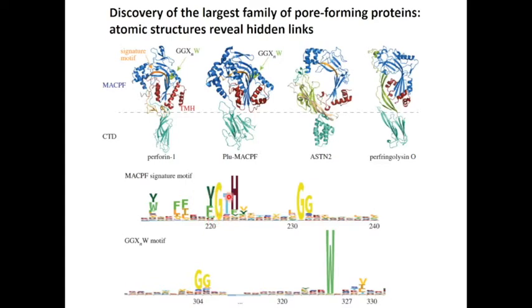It's the simplest amino acid, in which the R group, the group that makes amino acids different from each other, is just a proton. So these two glycines are the only two residues common to all members of this family. All the other residues vary completely. And what is conserved here is the structure, and the sequence has just varied through billions of years of evolution. So you can't detect the relationship between perforin 1 and perforin lysine without solving their atomic structures.